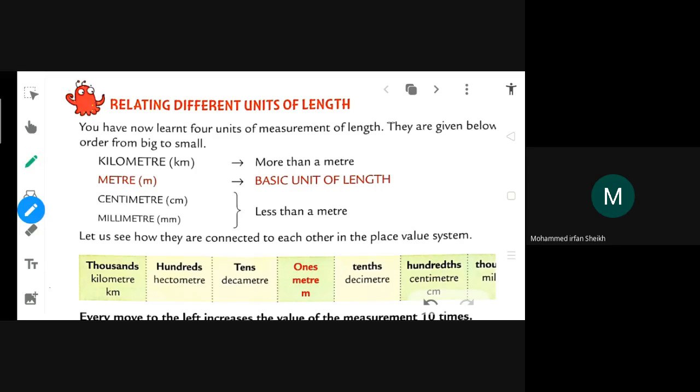It is given in big to small way. In fourth standard also it is all units, big to small, that way it is given: kilometer, meter, centimeter and millimeter.